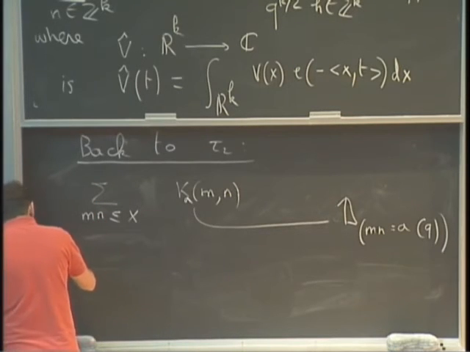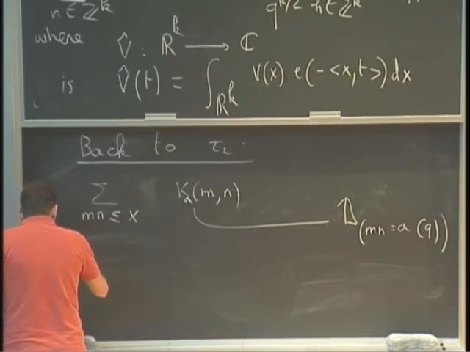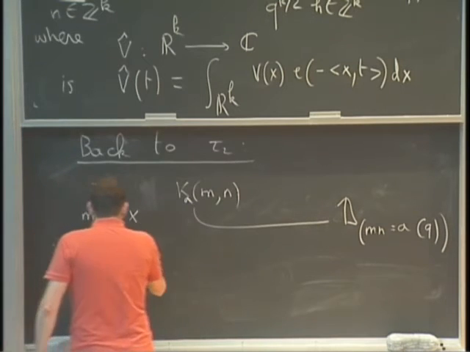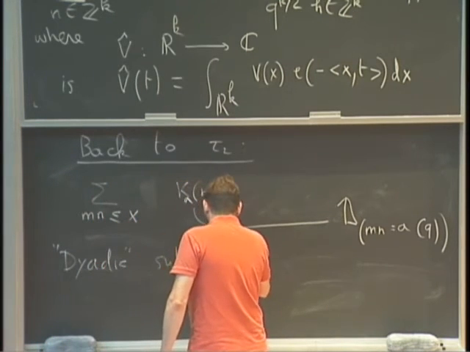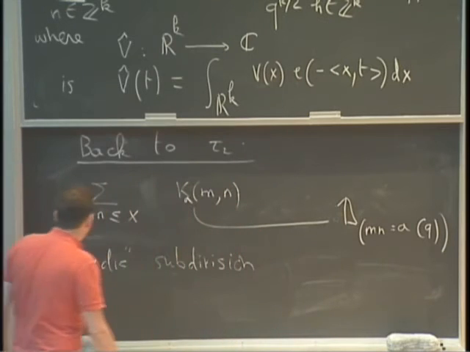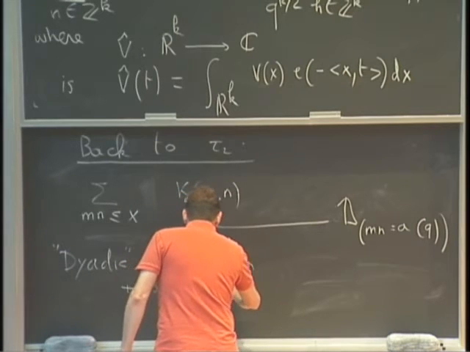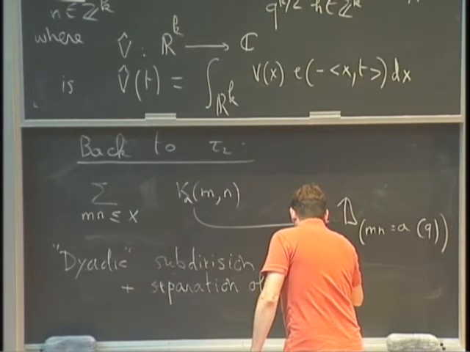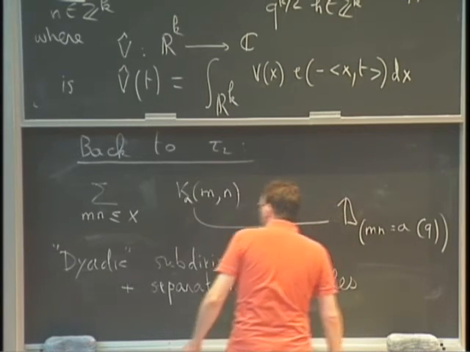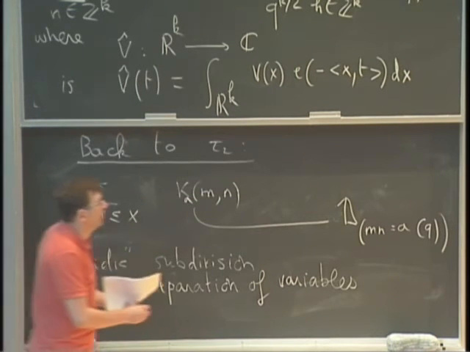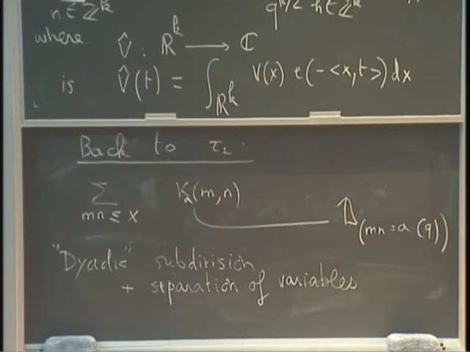So we use these ideas of dyadic, or in this case, slightly more precise than dyadic subdivisions, similar to what Zhang was talking about yesterday, and separation of variables, to reduce from this sum, which is formally of the right kind, but analytically does not have the right properties for V, to something better behaved. So intuitively, it looks in the following manner.